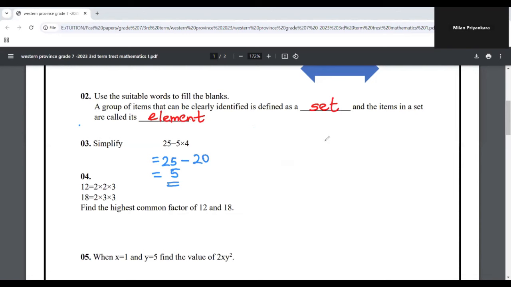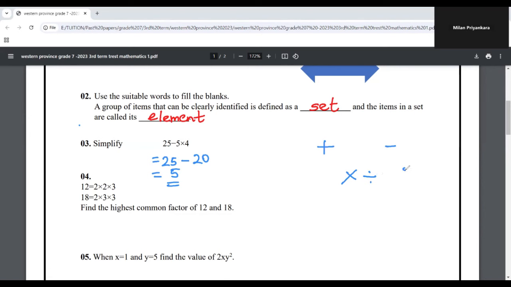Here we have two terms. You have to identify the terms in a mathematical expression. Terms are separated by plus marks and minus marks, and if you have any multiplication or division, they do not separate terms.